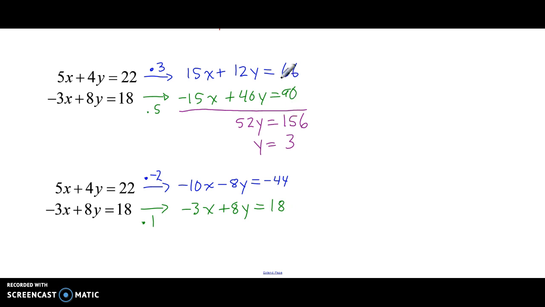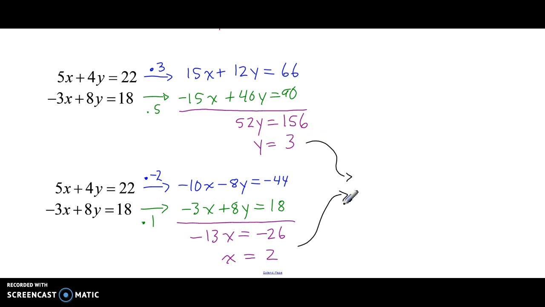And this time, when I add them up, it's not the x's that cancel. This time, the y's cancel. -8y, +8y cancels out. And I get -13x equals -26. Divide by the -13, and we've got x. So eliminate one time in one way to get y, eliminate a second time in a different way to get x, and you've got x and y.